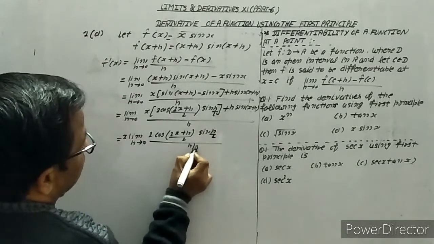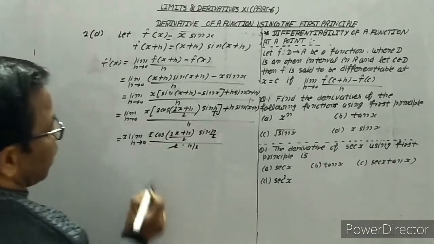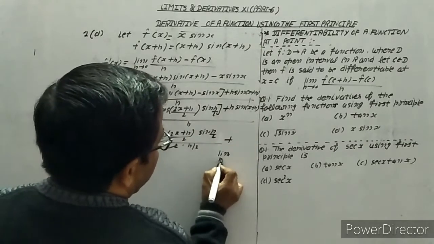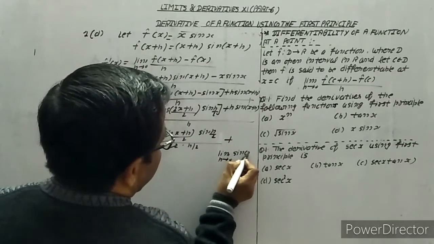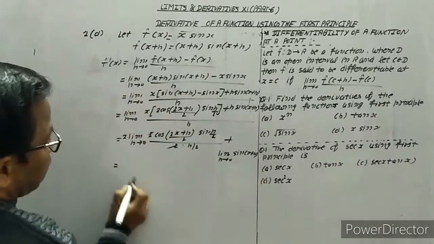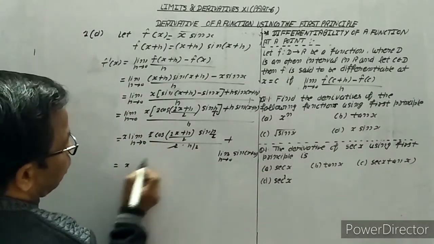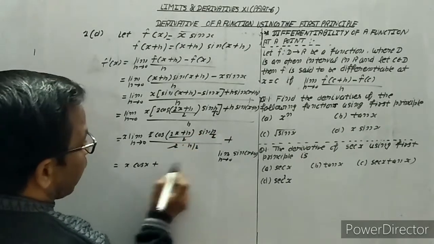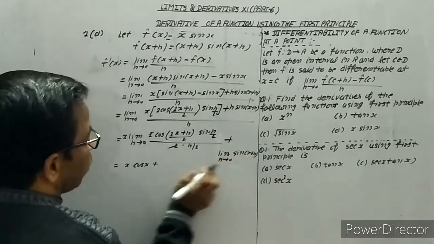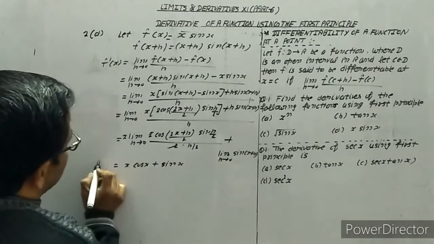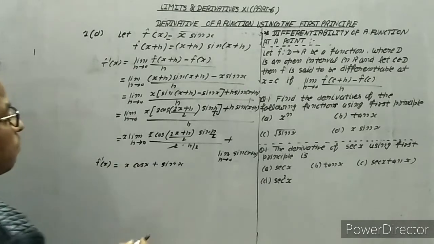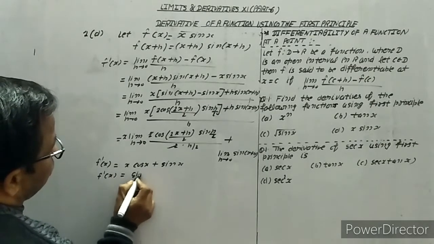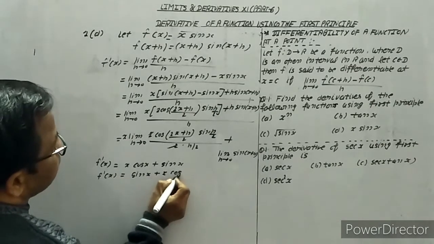Make it h by 2, multiply by 2 and divide by 2, the 2s cancel out, and plus limit h tends to 0 of sin(x+h), because here h cancels out. If we put the limit here, this becomes cos x, and sin(h/2) upon h/2 is 1. And if we put limit h tends to 0 in the other part, this becomes sin x. So the answer is f'(x) is equal to x cos x plus sin x, or you can write f'(x) is equal to sin x plus x cos x.